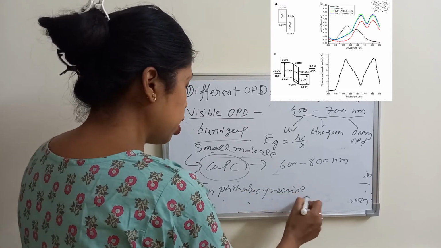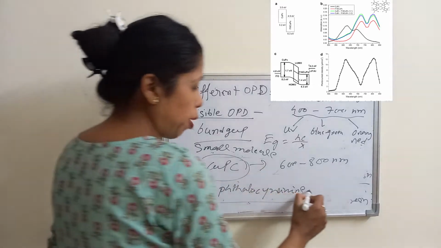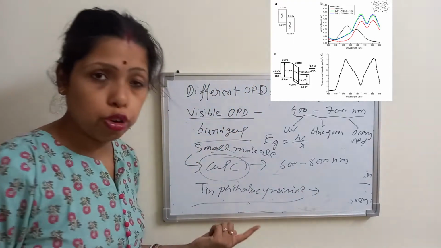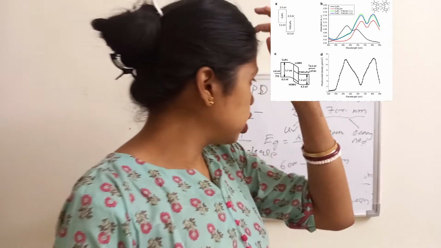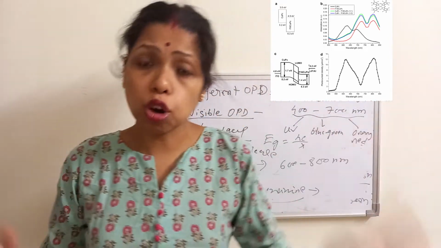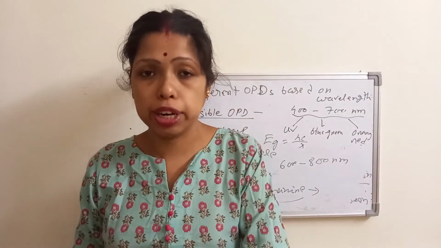Another material is tin phthalocyanine, which is also a small molecule. That means for designing the visible photodetector, we can use small molecules as well as polymer molecules. Small molecules have one advantage and polymer materials have another advantage. Both can give a high response based on their performance.